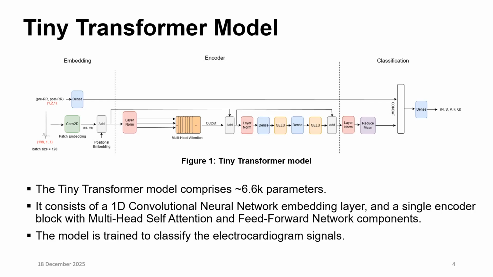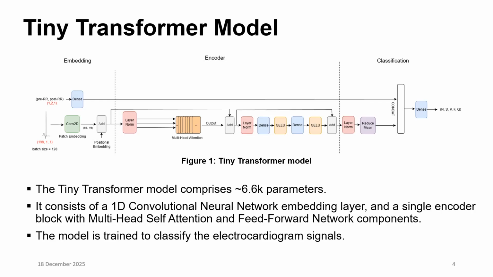At the same time, we use a dense layer for concatenating some critical information about the heartbeat itself, which is the distance between the two heartbeats, including the pre-RR and post-RR distance. All of this is concatenated through a final dense layer that classifies the type of the heartbeat into one of five classes.